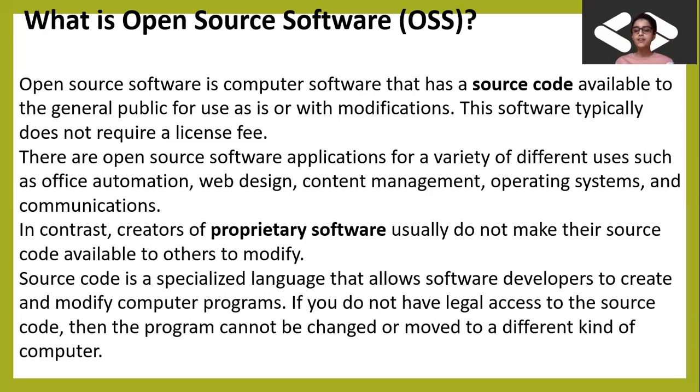You are given the application to use, and along with that you are also given access to the source code if you want to modify it. This is the basic difference between the two. At the same time, there is a license fee for proprietary software. If you want access to the source code of proprietary software, you are required to pay a certain fee, whereas in open source, it's all free.